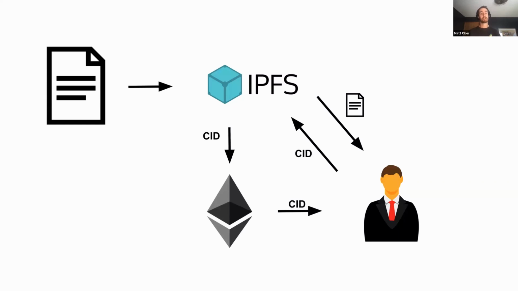They are going to take a file and put it on IPFS. IPFS is going to return a content identifier, or a CID for short. And this CID is deterministic, so that if you upload the same file to IPFS more than once, you're going to get back that same CID.